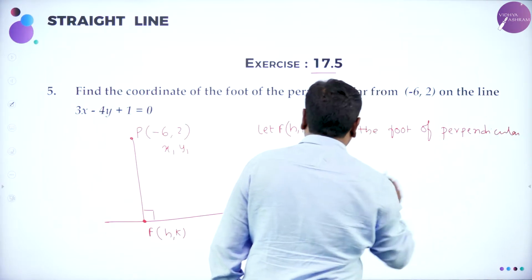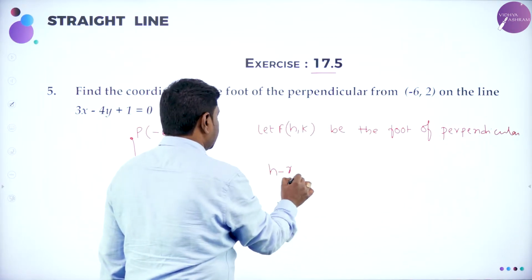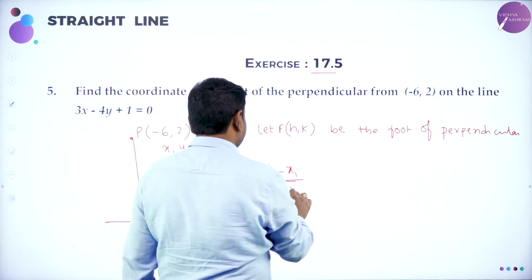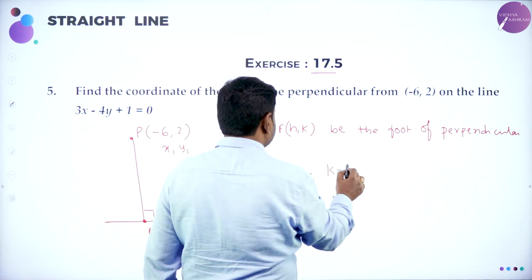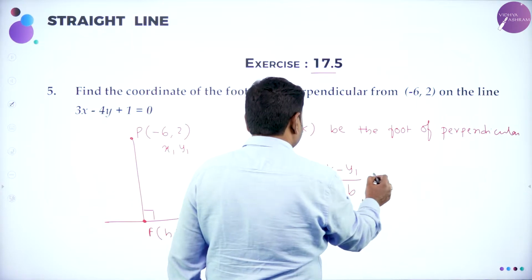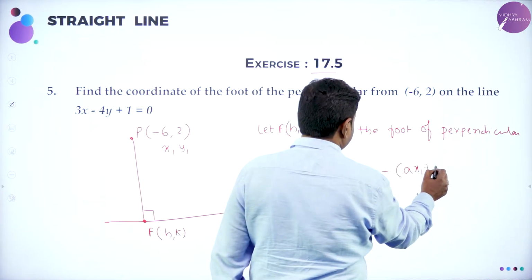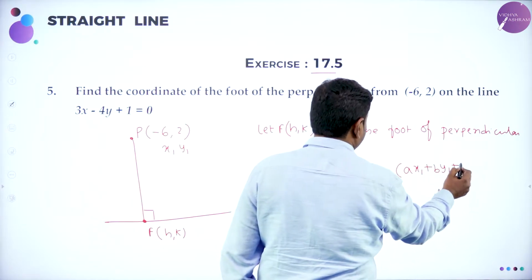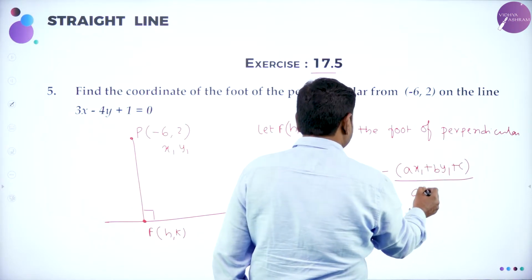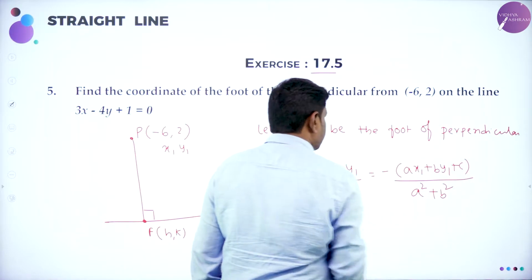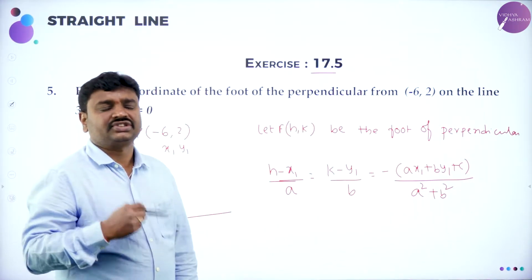The formula is h minus x1 by a is equal to k minus y1 by b is equal to minus of ax1 plus by1 plus c divided by a square plus b square. If you substitute in this formula, you will get h comma k.